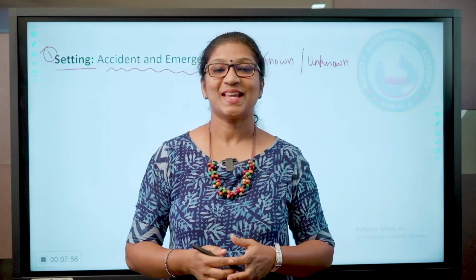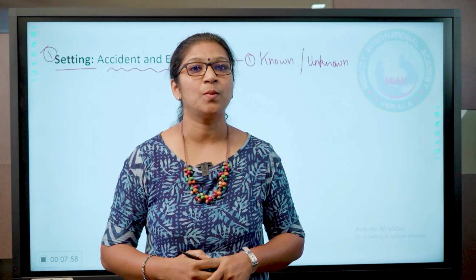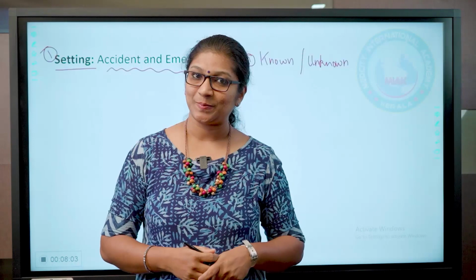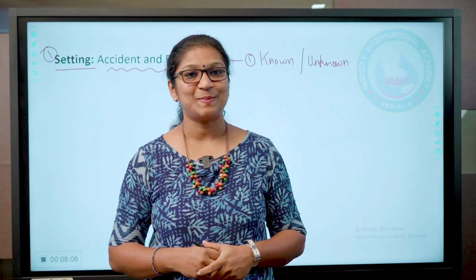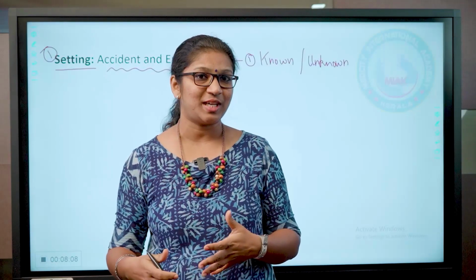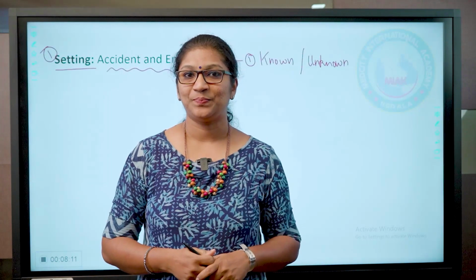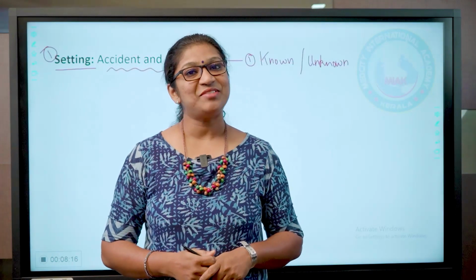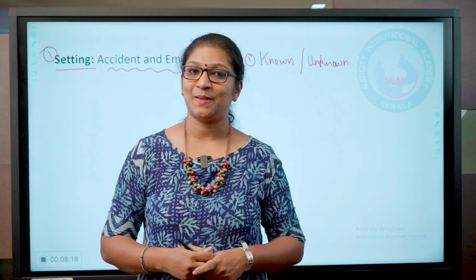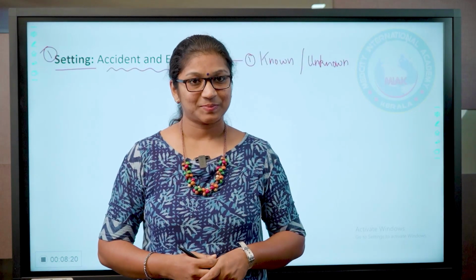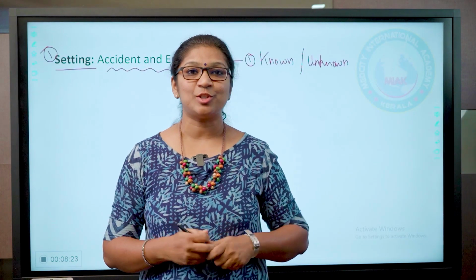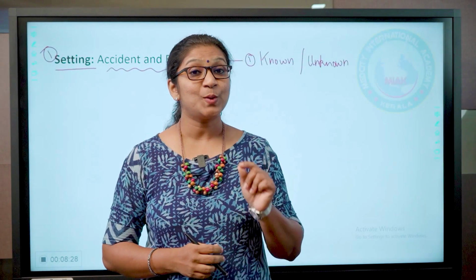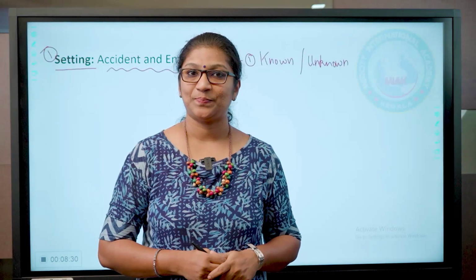For instance, if your setting is a hospital ward, the chance is high that you've already met the patient before. The patient would have been in the hospital for a knee fracture, a surgery, or for any other such reason. And maybe it's your second or third visit to the patient, which definitely means you're acquainted with the patient. But if the setting is an accident and emergency, like this example that we're having a look at, the chance is high that you're going to meet the patient for the first time.